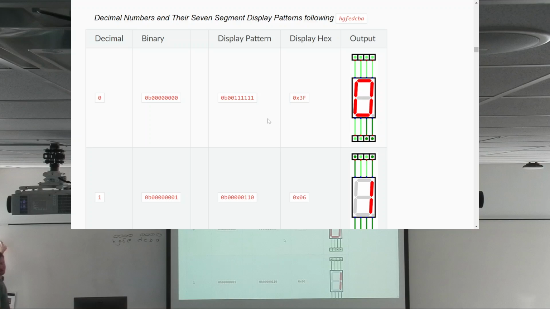So the most significant bit would be the most significant bit of the most significant digit. So it should be the ones, 8 bits, the 20s, 8 bits, the 100s, 8 bits. That's how I want it. Clear? Clear.